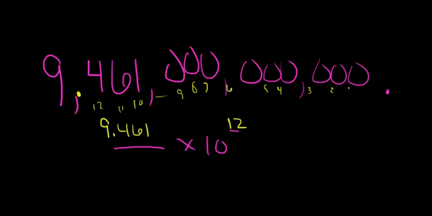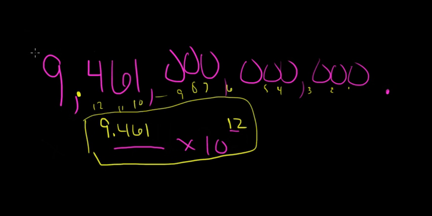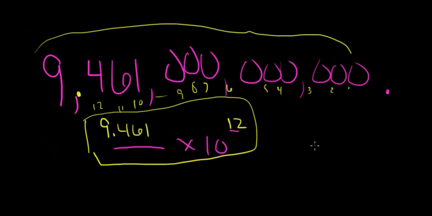Okay, that's how I would rewrite this very, very long number. I have to include all my non-zero numbers, 9.461, and this number is still larger than 1, less than 10, isn't it?